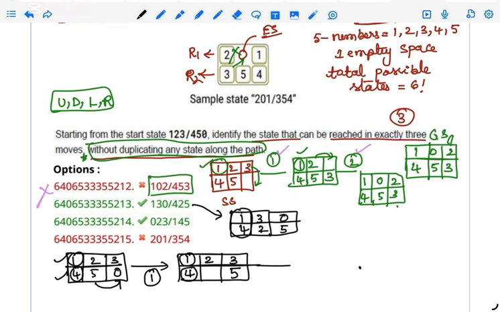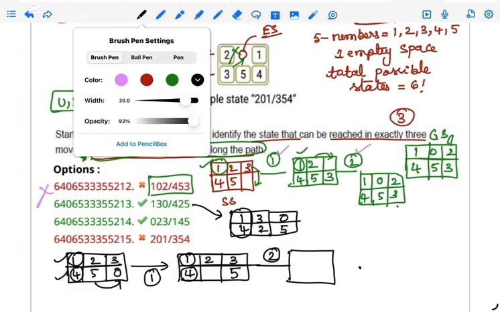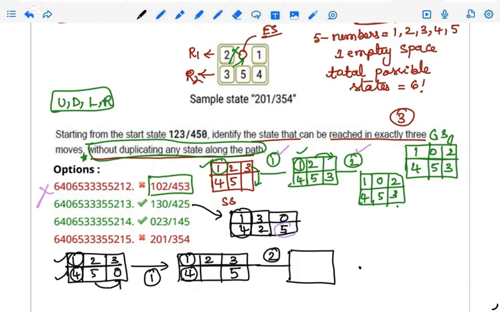For the second move, in the goal state 5 is also in the correct place, right? 1, 4, 5 are in the correct place. So don't move these 3, move 2 and 3.